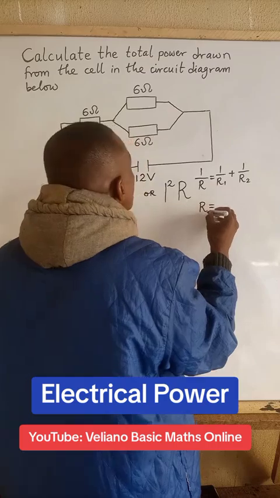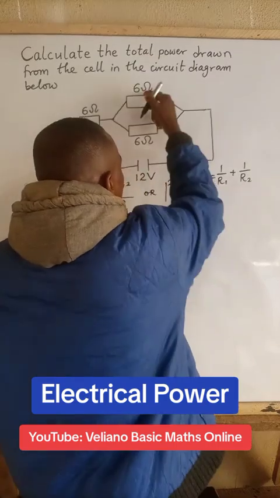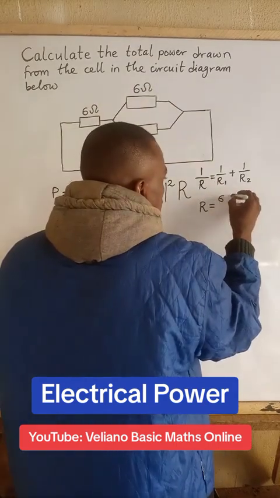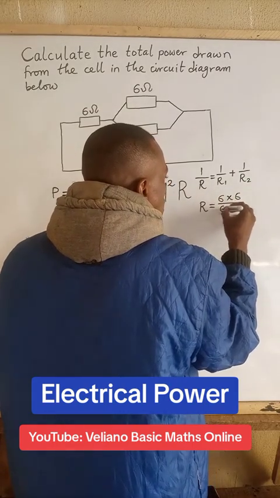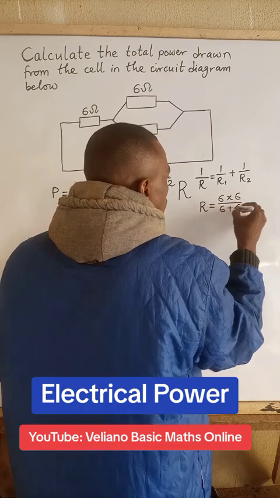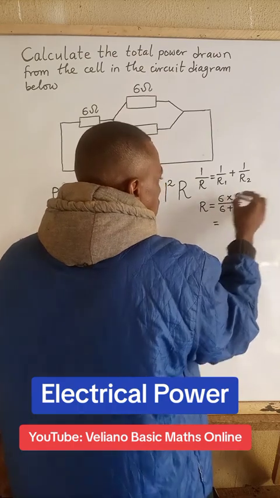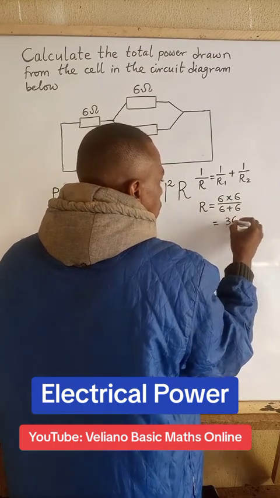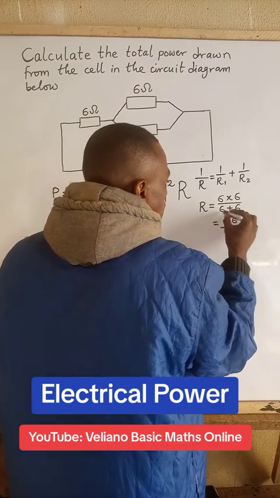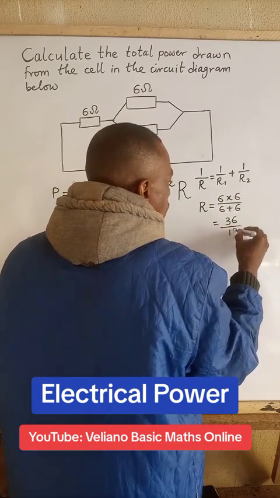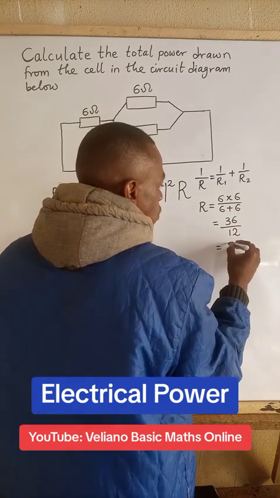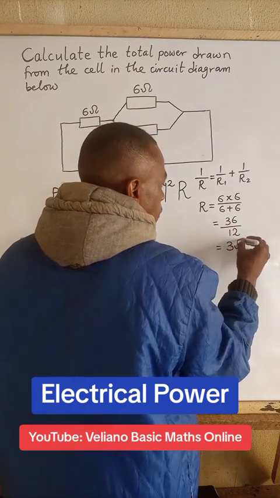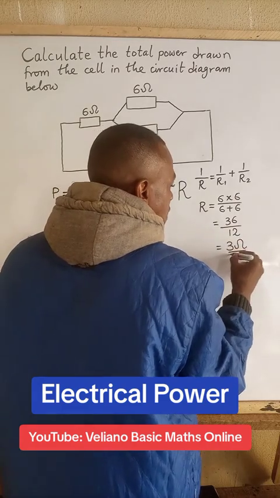The resistance is equal to, multiply this, 6 times 6 over the summation 6 plus 6. 6 times 6 gives us 36 ohms, over 6 plus 6, which gives us 12. When you simplify this, it gives us 3 ohms for the one that is in parallel.